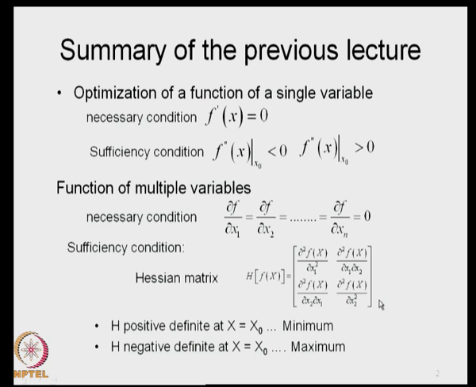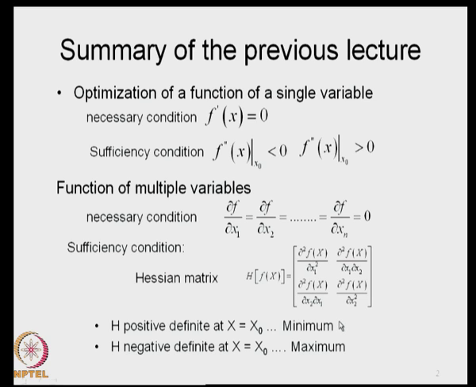We look at the Hessian matrix, which is evaluated at the stationary point. The stationary point is obtained by solving these n equations; you obtain solutions for the n variables, and they constitute the stationary points. At the stationary point, you evaluate the Hessian matrix. If the Hessian matrix is positive definite, the stationary point corresponds to a minimum.